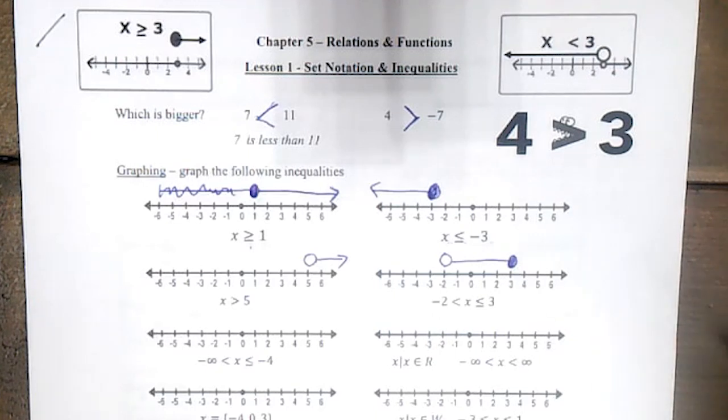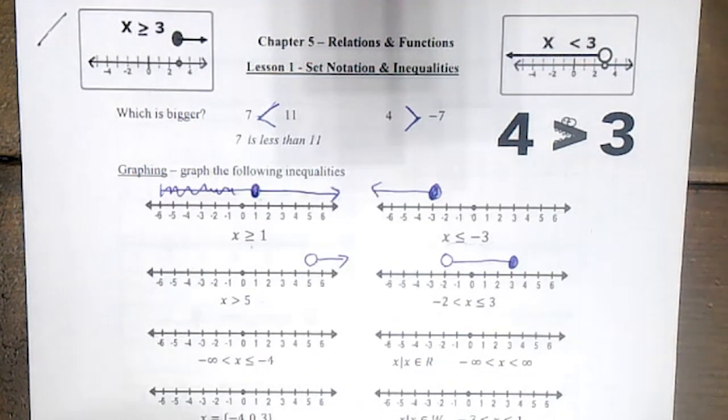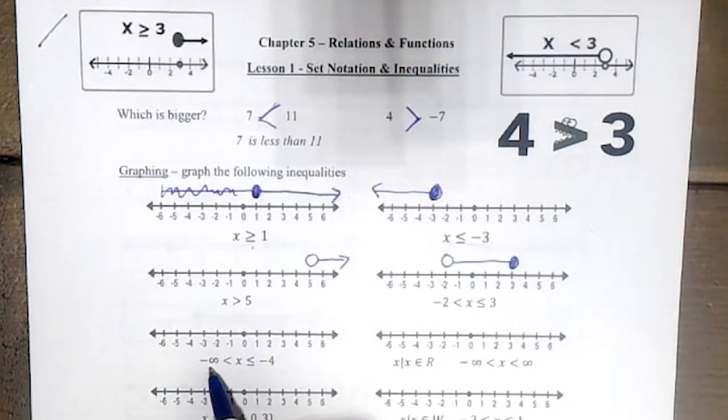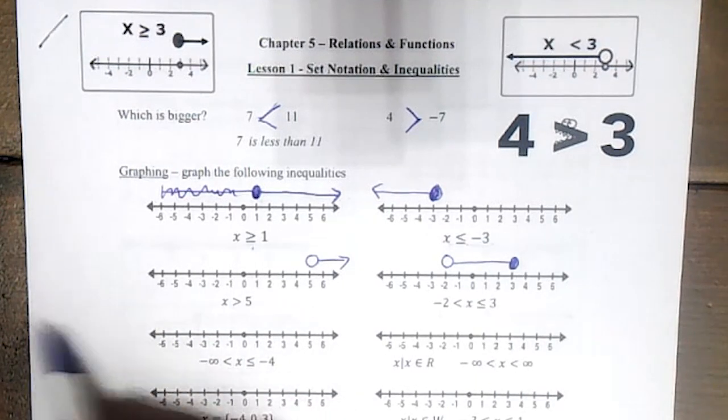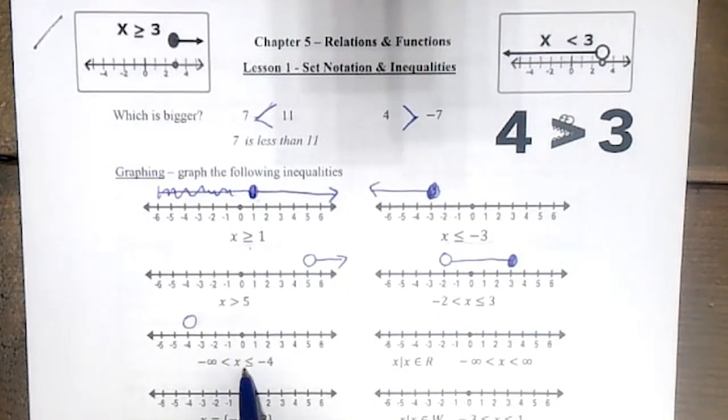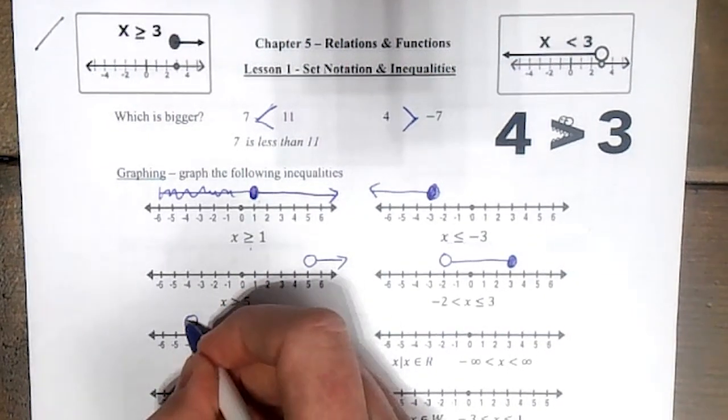So if you can, pause the video, try the next one on your own, and then find the answer. So this one, we go from -infinity, so it's over here going forever, so we don't need a dot on this side. -4, right there. And so it's going that way.